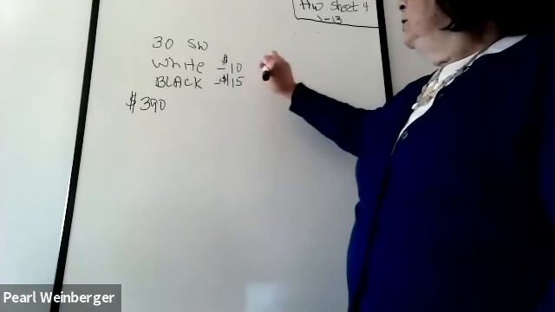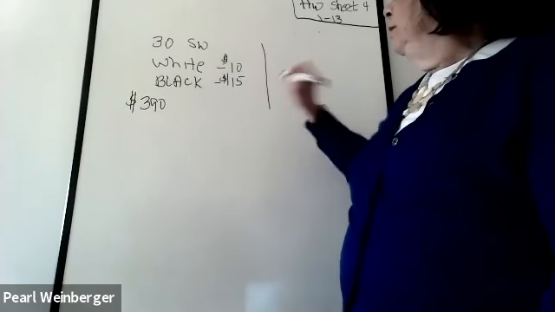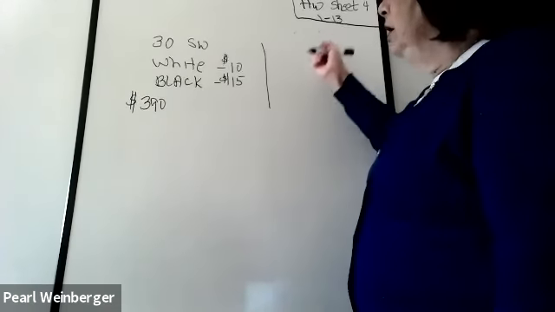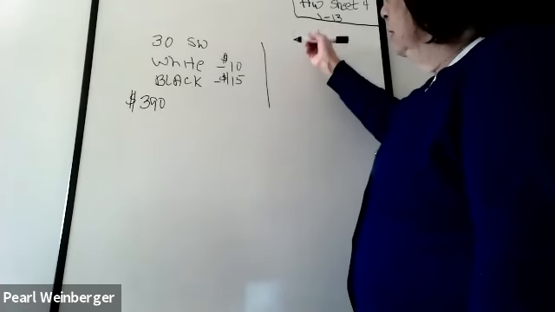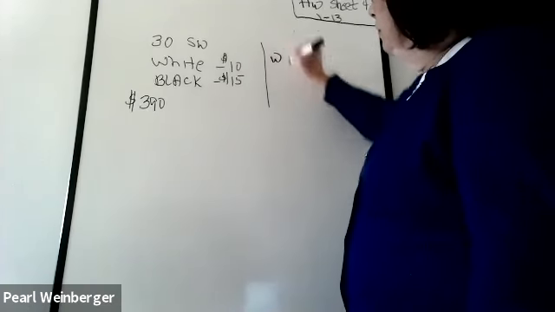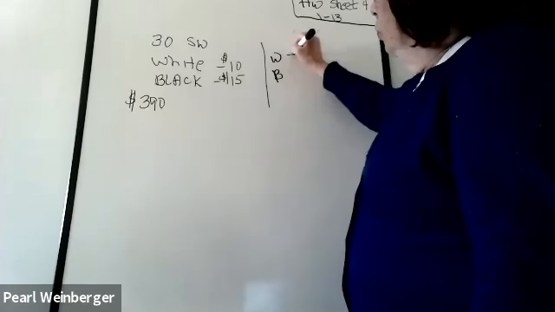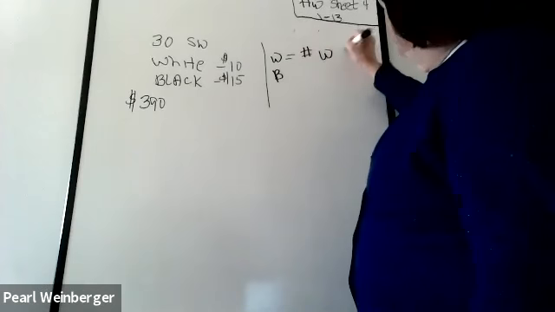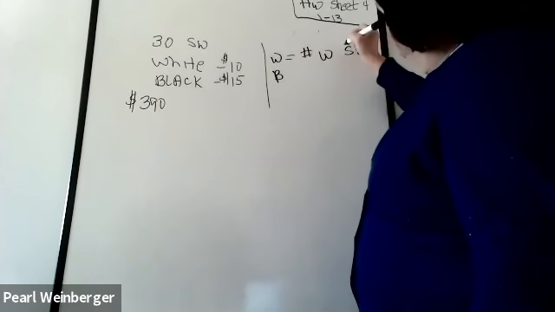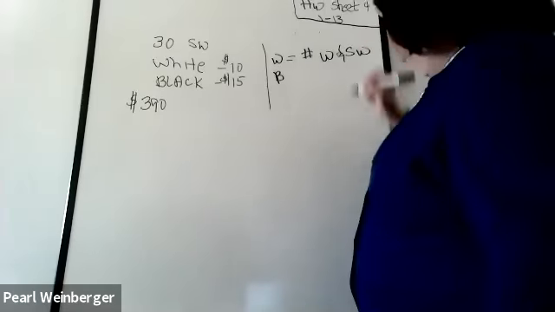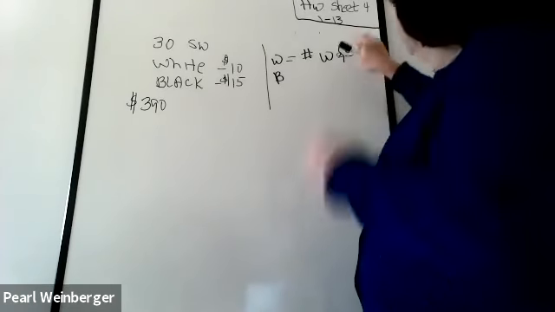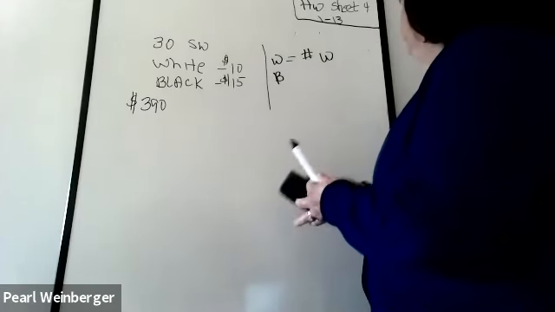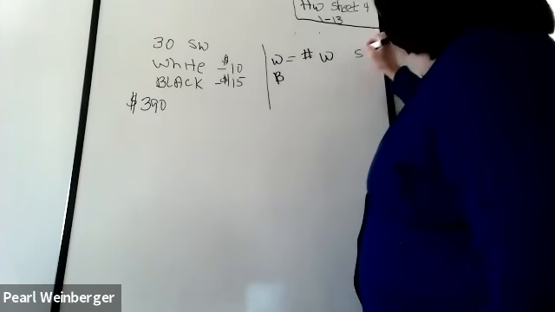Let's set up a legend. Let's decide what our variables represent. Let's call it W and B for a change. Let's call W the number of white sweatshirts that were sold, the number of white sweatshirts.